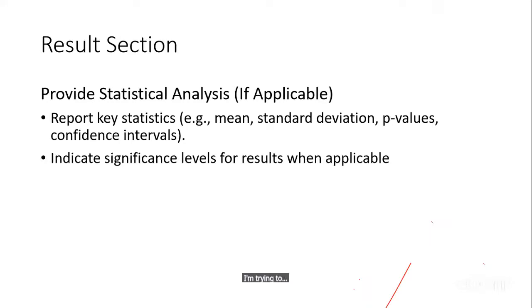Indicate significance level for results when applicable. So, for example, if you are comparing two groups, group A, we have their own mean, maybe mean of blood pressure, mean of weight, mean of strength. Group B, we also have the mean and standard deviation. And then maybe you use a t-test, the value of the t-test, and also the p-value at the end of the table.